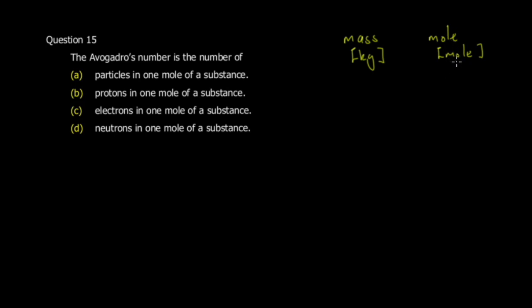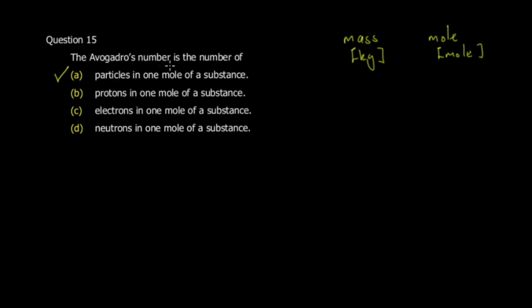In principle, you can have a mole of pens. It simply means a specific number which is very, very big. Specific number of what? Of particles in general. It can be protons, electrons, neutrons, and that's why these answers don't fit. The answer that would fit is particles.